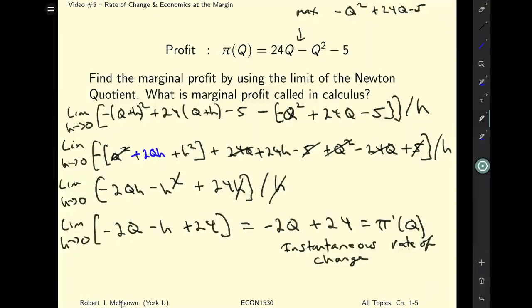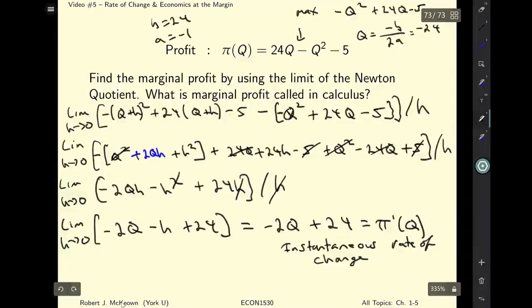And I know that q is equal to negative b over 2a, and I've got b equal to 24 and a equal to negative 1, then I'm going to have 24 over negative 2, and profit is going to be maximized when q is equal to 12. Seems reasonable.